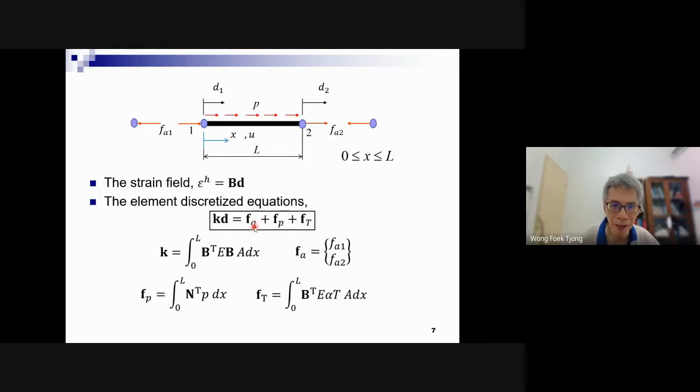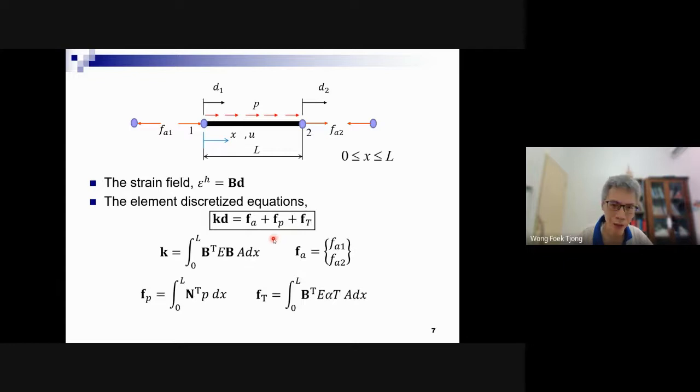This is the balancing force here, FA1 and FA2. This is still unknown. FP we can compute from here, equivalent nodal force due to load. And this is the equivalent nodal force due to pressure change that we just discussed. So this is the discretized equation. This is the element equations for bar element.